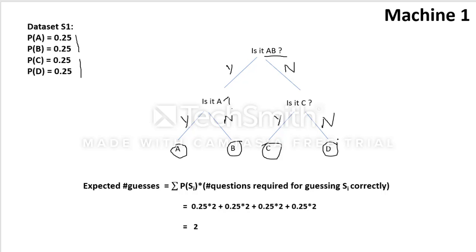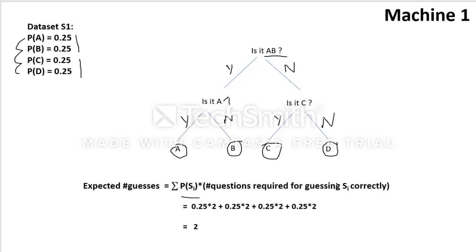So the expected number of guesses, or the weighted average of guesses required to correctly guess the next number, is logically the probability of occurrence of the number times the number of questions required for correctly guessing it. Here all probabilities are equally likely, they are all 0.25.